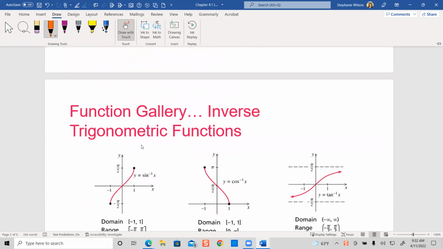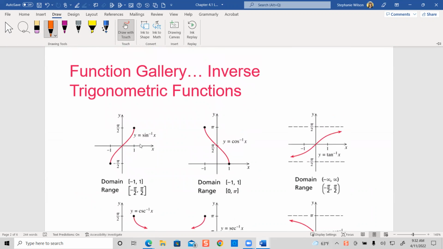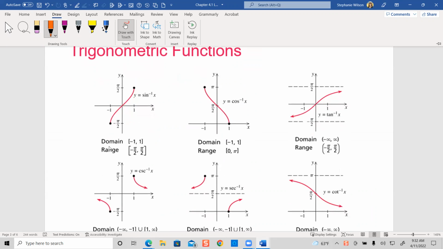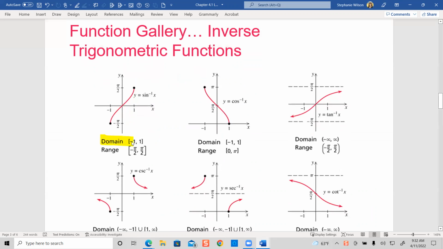This next set of graphs shows the inverse trigonometric functions. It shows you the domain and the range of these. The reason you notice there's a bracket on each end is because it doesn't have arrows at the end of these. It has solid closed circles saying that it stops at this point.